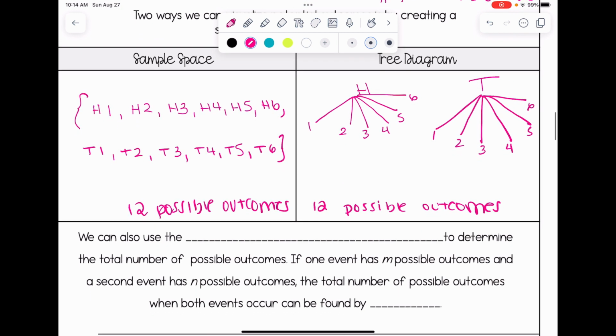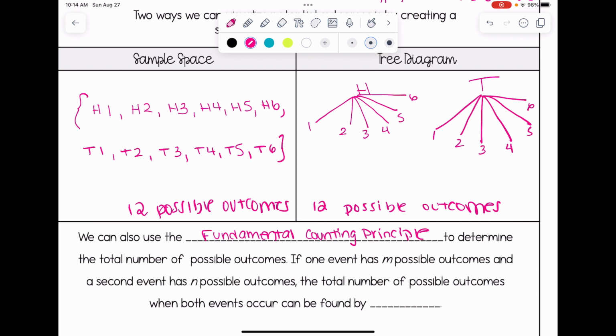There is one other way to calculate how many possible outcomes we could have from an event, and that's using something called the fundamental counting principle. So we can use the fundamental counting principle to determine the total number of possible outcomes.